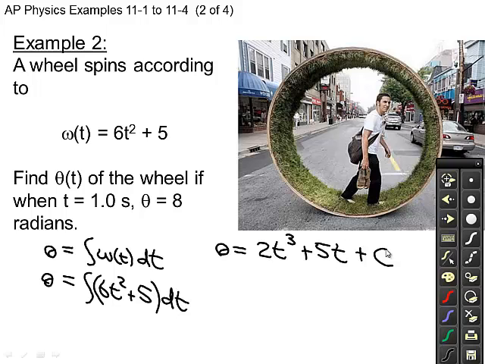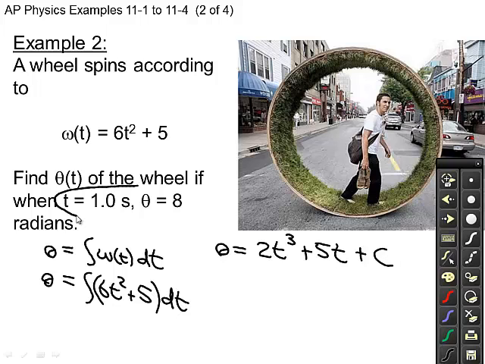Really, there are an infinite number of C's. But in physics, we can't leave things hanging like that because we're trying to mimic reality with this math.